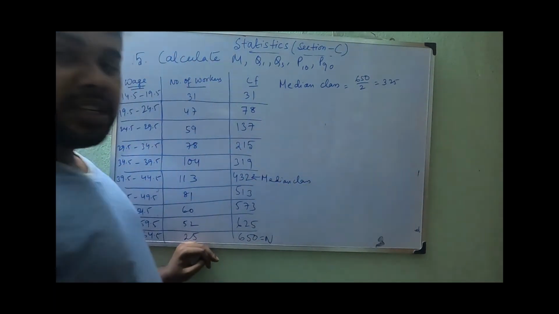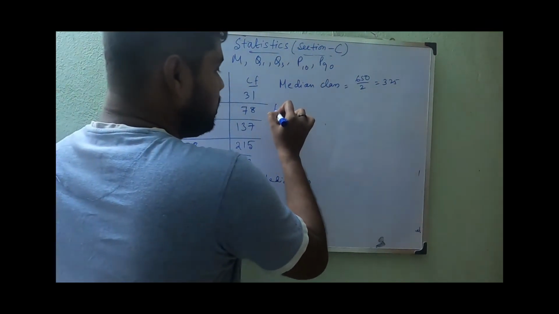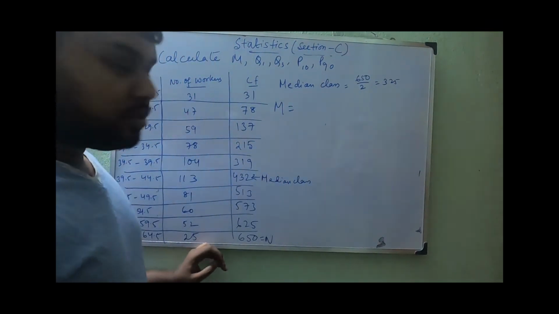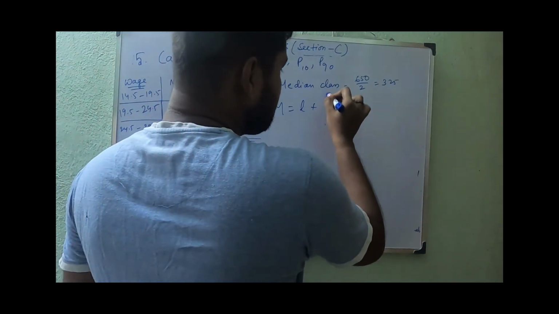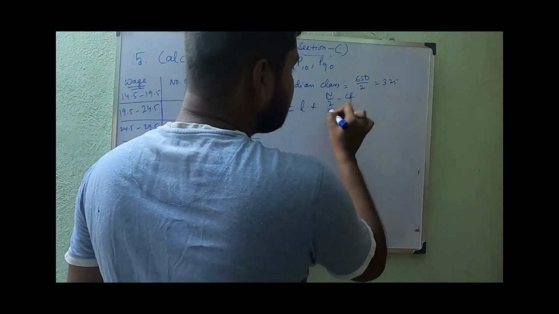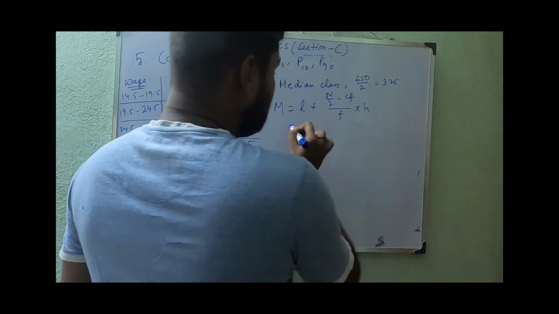So once you have this, median equals L plus (N by 2 minus CF) by F into H. What is L?